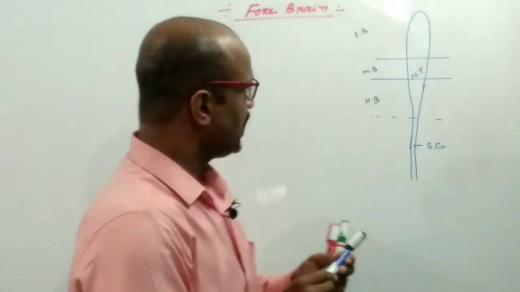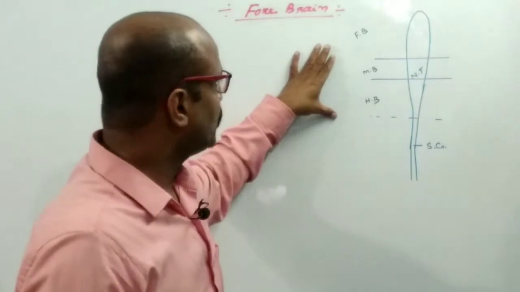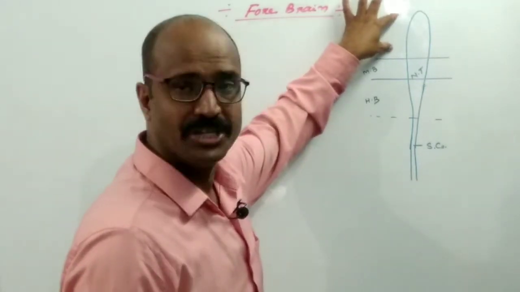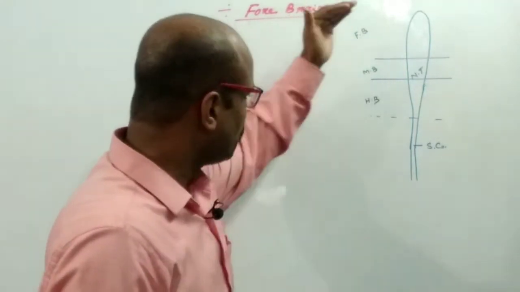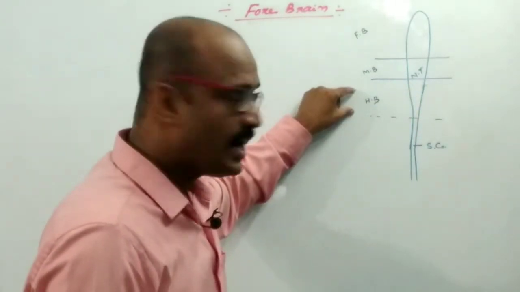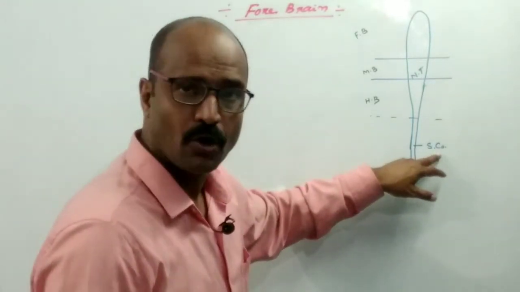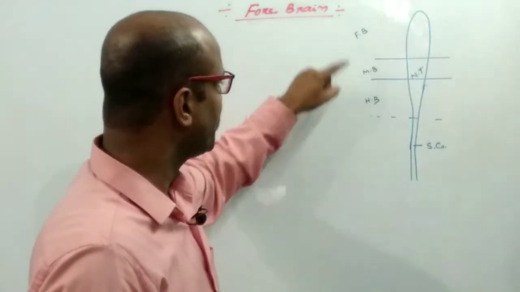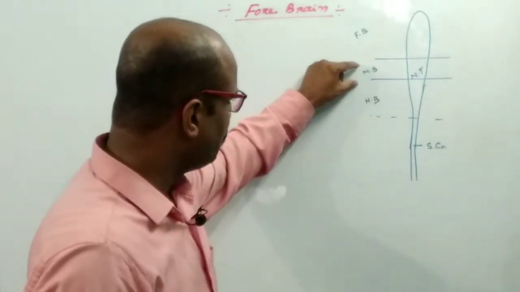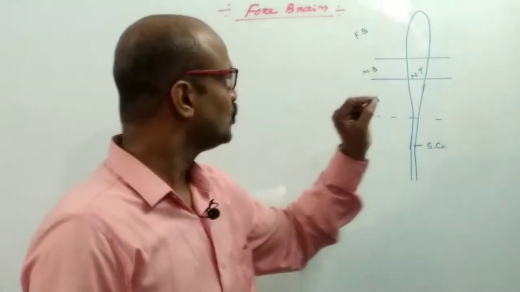So from this tube the brain develops, and in between forebrain and hindbrain, the very small region differentiates into the midbrain.